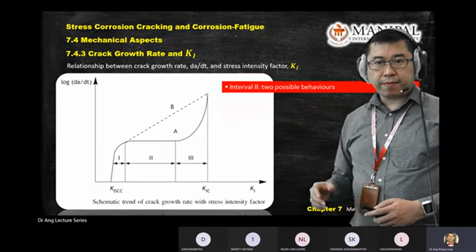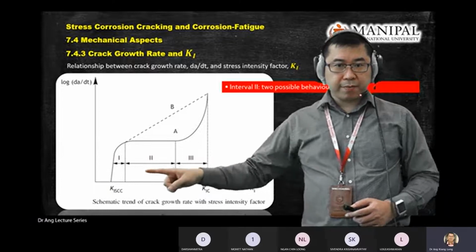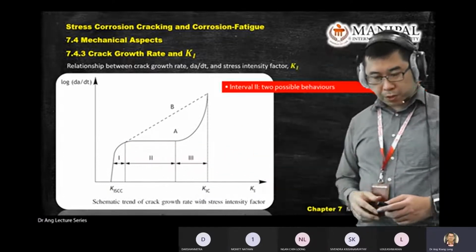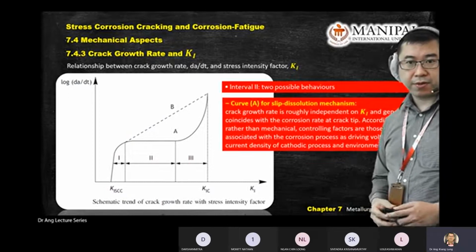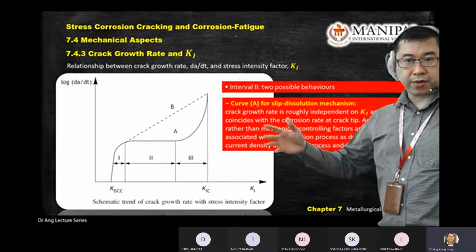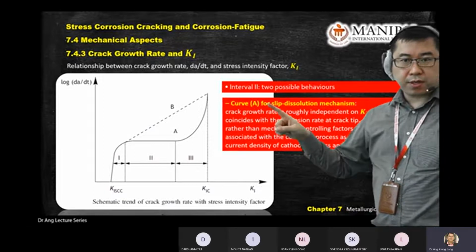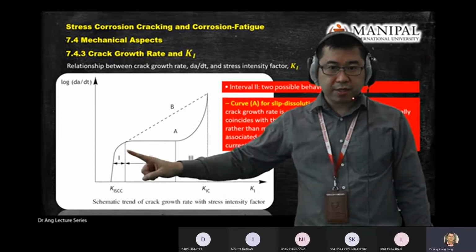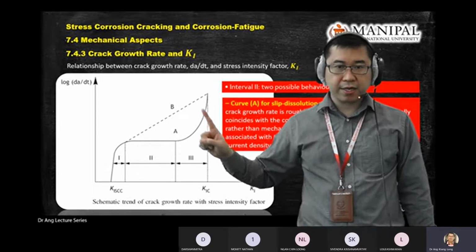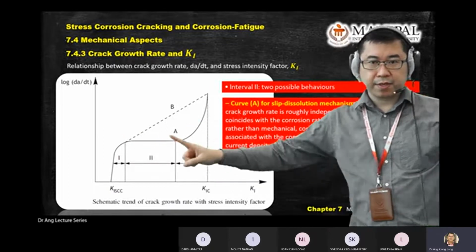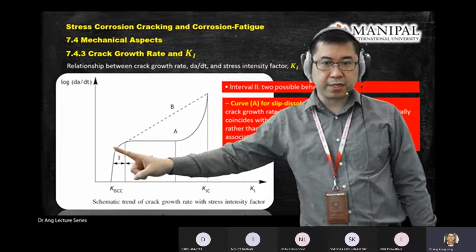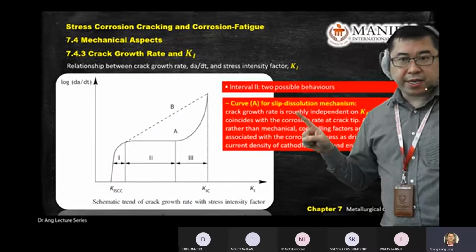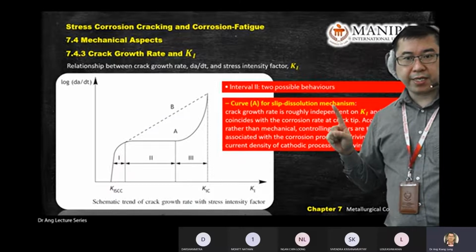So number two here, when there's no growth of your crack, there are two possible scenarios. So you have curve A here. This is B, this is A. Curve A, the slip dissolution mechanism happens.